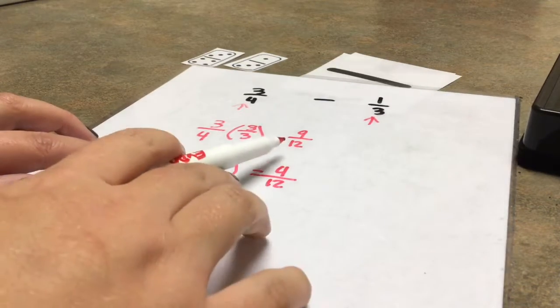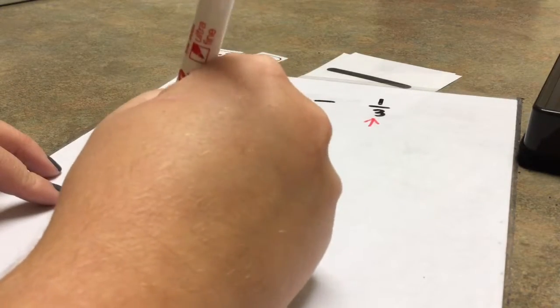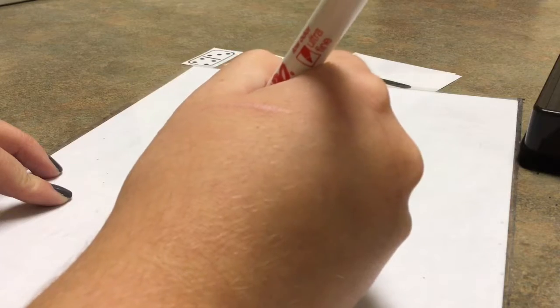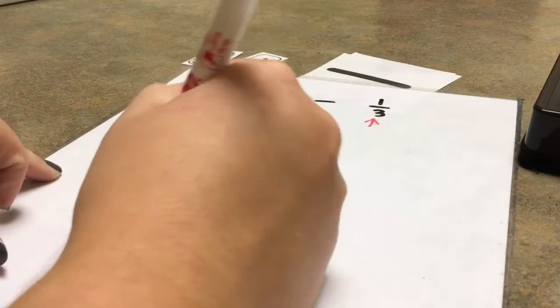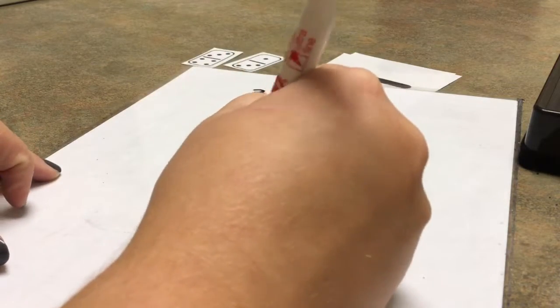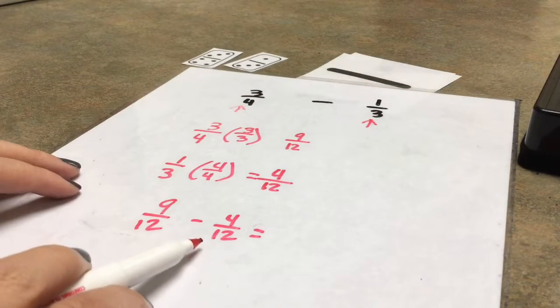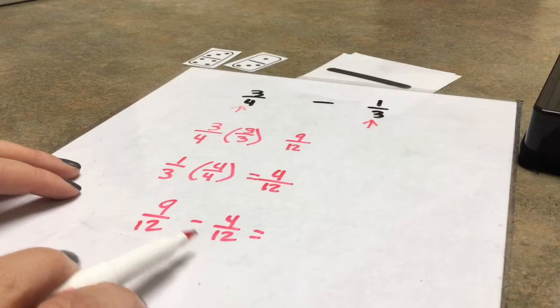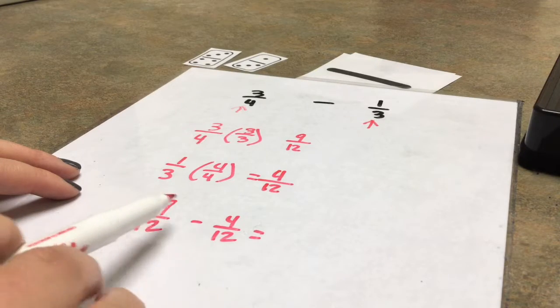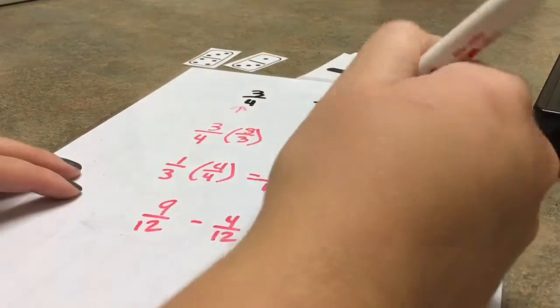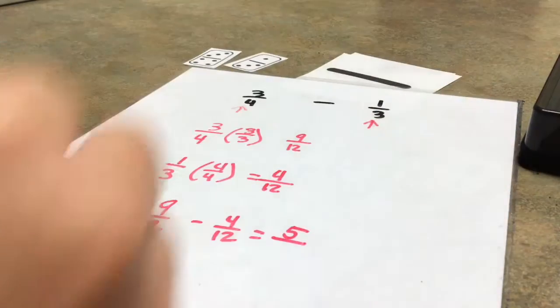So now that our denominators are the same, we are going to subtract. So I'm rewriting the fractions. Okay, so now that our denominators are the same, we can subtract. So 9 minus 4 gives us 5.